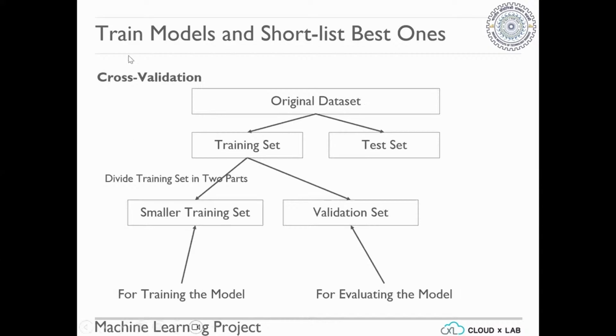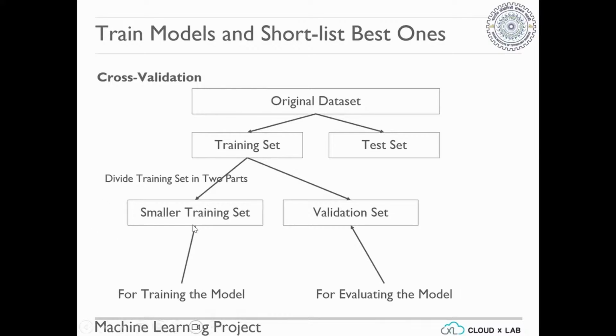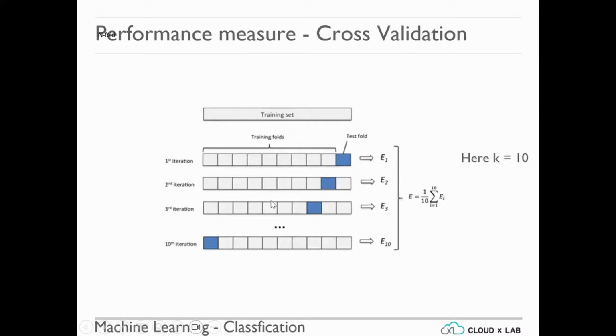So this cross validation is only for when you want to decide something. Let's say you have 3 options. For model 1, option 1, you will do this split and train model 1, option 1, 10 times, and you will get one average error. Then model 1, option 2, again you will train from scratch 10 times and get one average error.